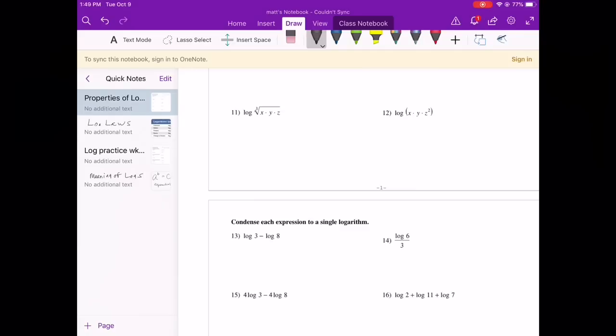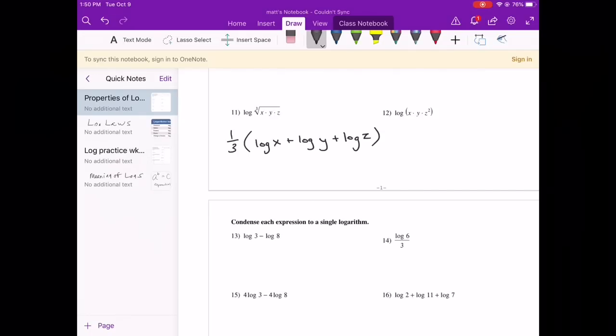So going back to my properties of practice, everything is going to be multiplied by 1/3 because of the cube root. And then inside here, I'm going to add each individual log because I'm multiplying. So log of x plus log of y plus log of z. And hopefully you can see how that works there.